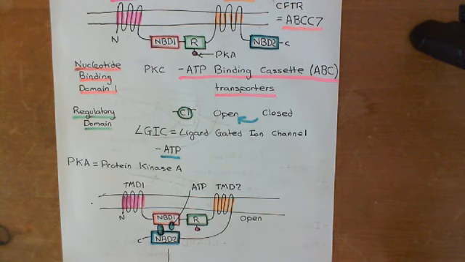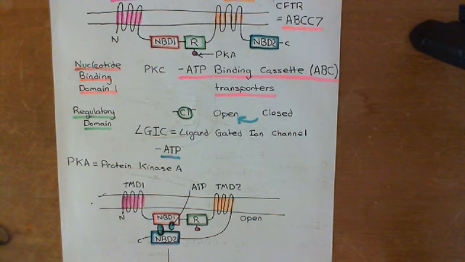Okay, right. So I think we will call it there for this video. We've discussed a lot. In the next video, what we'll do is we'll continue on with the cystic fibrosis transmembrane conductance regulator. We'll talk about the different mutations that can occur in the cystic fibrosis transmembrane conductance regulator, which all cause loss of function of the cystic fibrosis transmembrane conductance regulator.